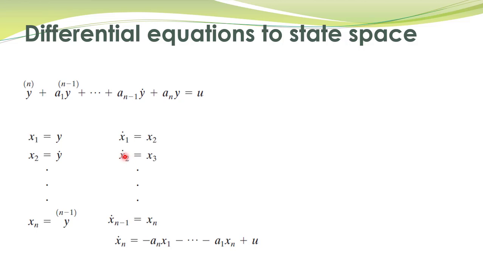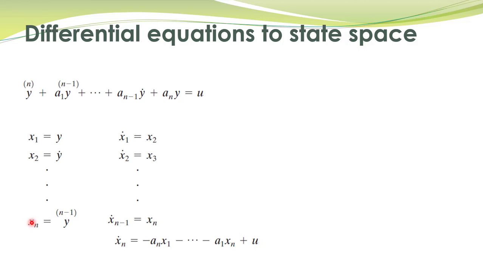Likewise, what will be x2 dot? x2 dot will be equal to y double dot, which is given a new name x3. So x2 dot is equal to x3, and so on up to n minus 1, x(n-1) dot, which will be equal to xn. And xn dot, what will be xn dot?